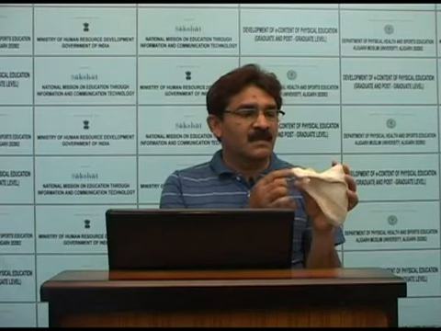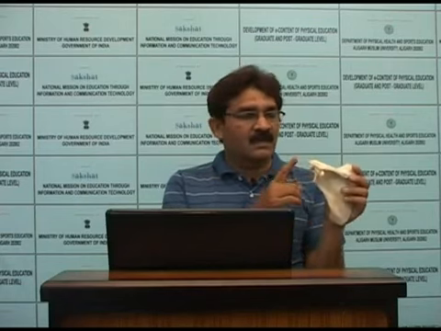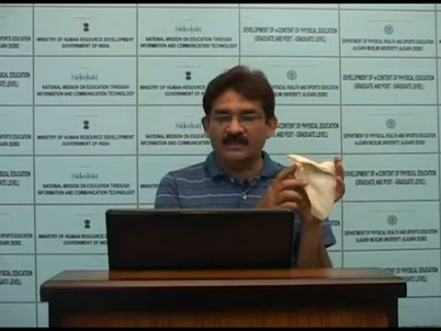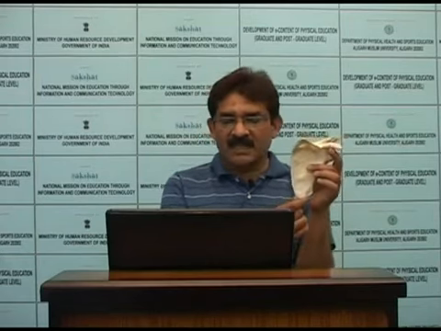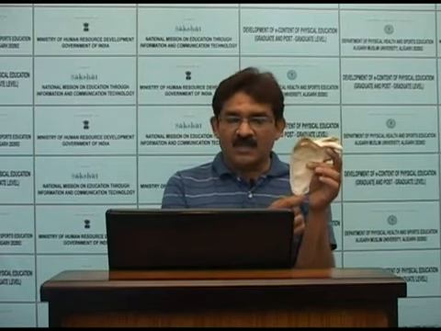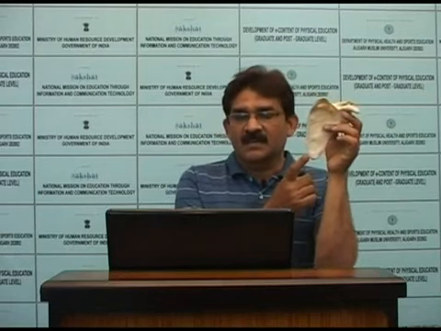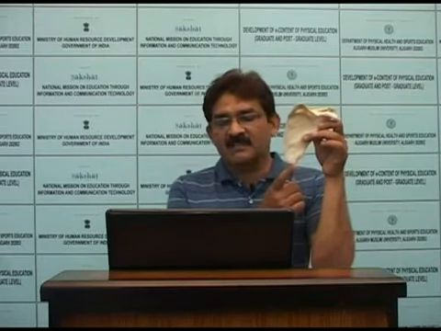This is the posterior part. In this, the humerus and clavicle are attached and make the shoulder joint. Here three muscles are attached: latissimus dorsi, teres major and teres minor.